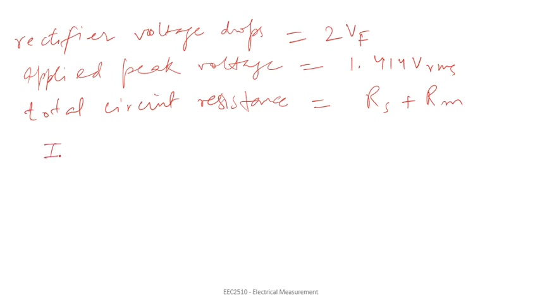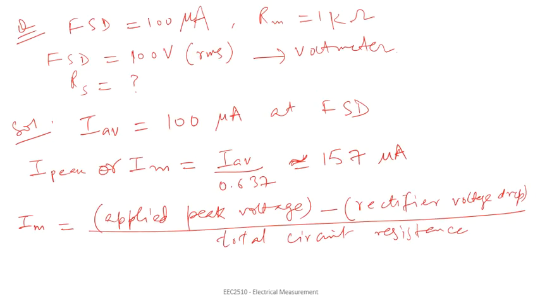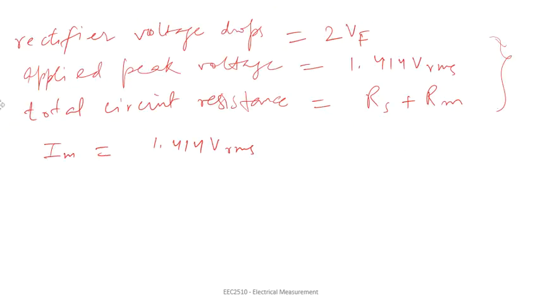Okay, now after having determined these three values, IM will be 1.414 VRMS minus the drop divided by the resistance. So we are just putting the values in this last expression which I have written in the previous slide: the applied peak voltage, the rectifier voltage drop, and the total circuit resistance.